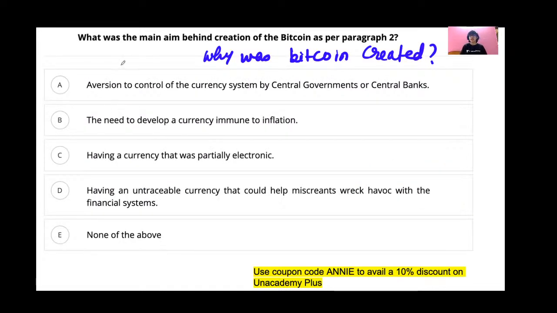Now, what was the main aim behind creation of the Bitcoin as per paragraph 2? So, aversion to control of the currency system by central banks or central governments. Aversion means what? Aversion means not wanting something, a strong dislike for something.